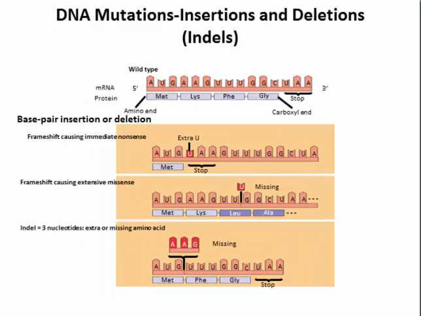But what if we now look at what would happen if we were actually inserting or deleting nucleotides in the sequence? Well, this leads to what are called frame shift mutations. Frame shift referring to a shift in the triplet codon reading frame of the protein.